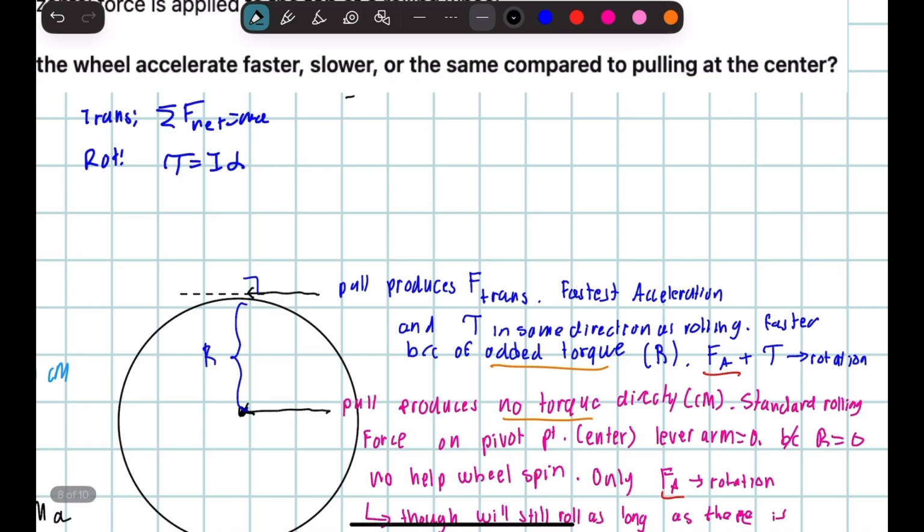Now, on the top, we have that translation. When you push at the top, both your force and your friction act at distance r from the center, and that creates a combined torque. So then translationally, you have F plus f is equal to ma.